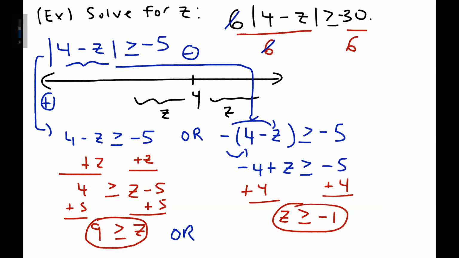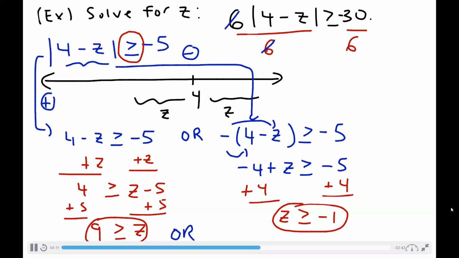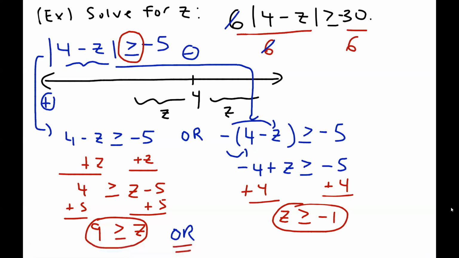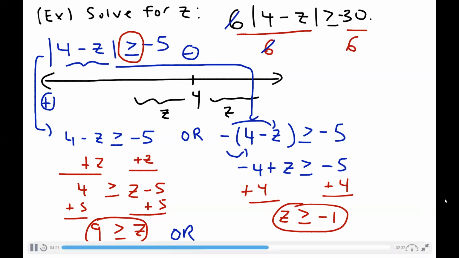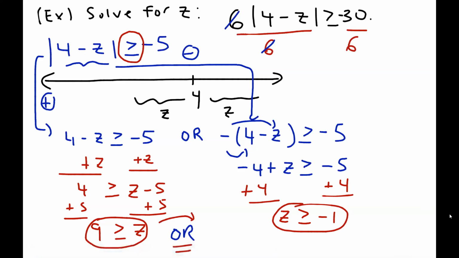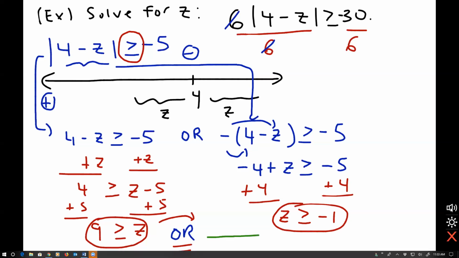So now I'm looking at this connection, because we have an or. I need to take the union of both of these. If I look at these bit by bit, the first one is this on my number line.